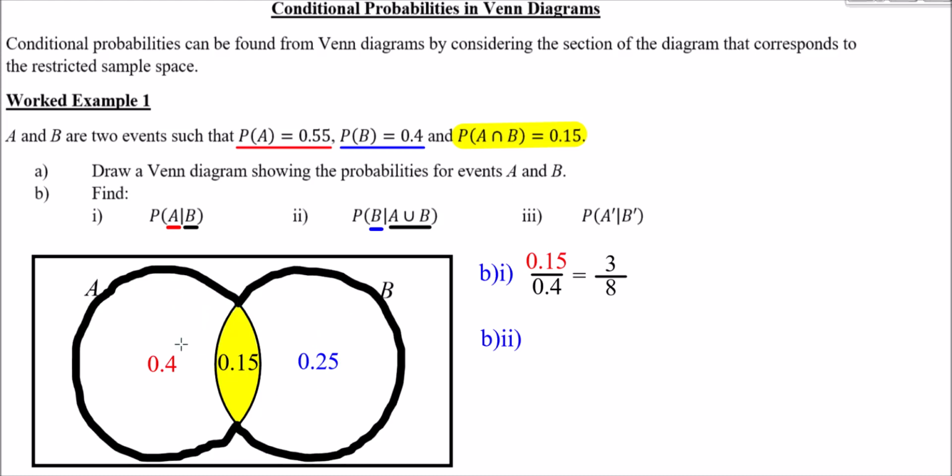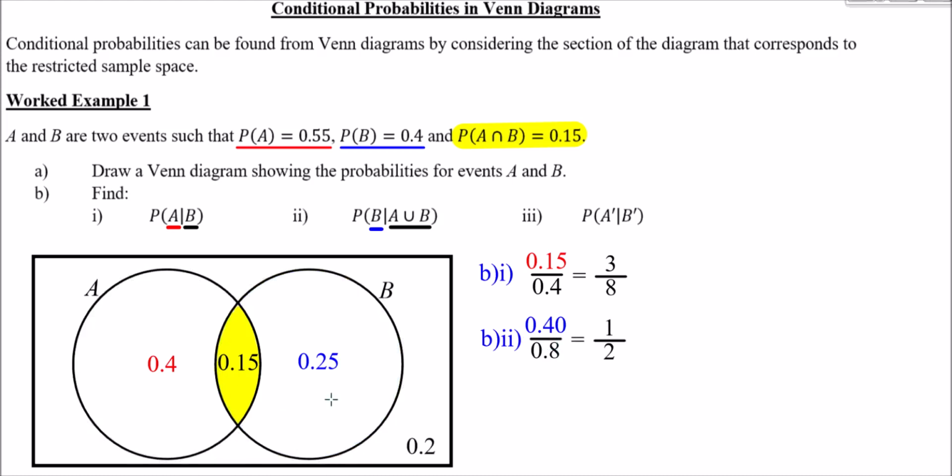The total of all the values in the union of A and B, adding the black, the blue and the red together, comes to 0.8. So we're wanting 0.4, which is in B, out of a total of 0.8 in the union of A and B. 0.40 as a fraction of 0.8 would give a half.